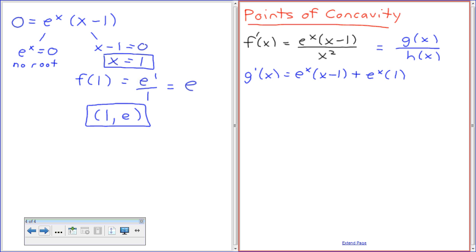Derivative of this times this one plus this one times the derivative of that one. So we're just going to write this as e to the x, x minus 1 plus 1, which is going to be g prime of x equals x e to the x.